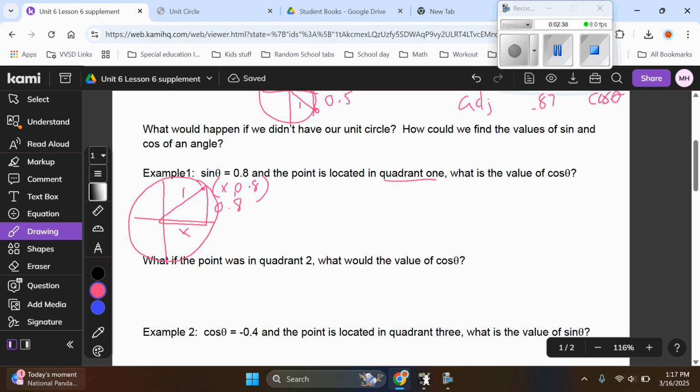So I can set this up that 0.8 squared plus x squared is 1 squared. And I can use the Pythagorean theorem here.